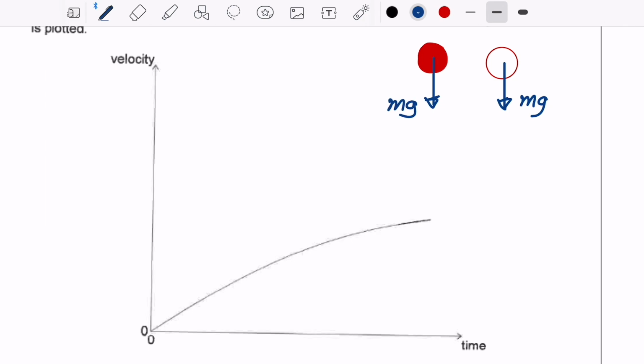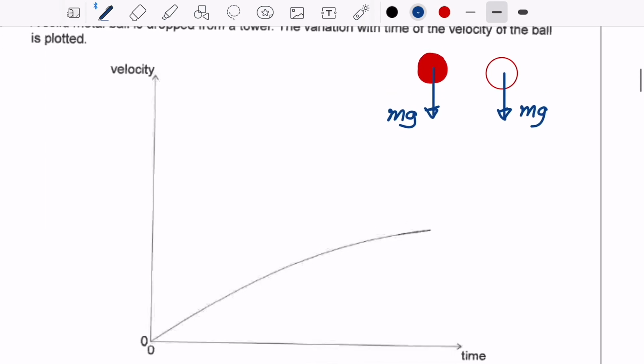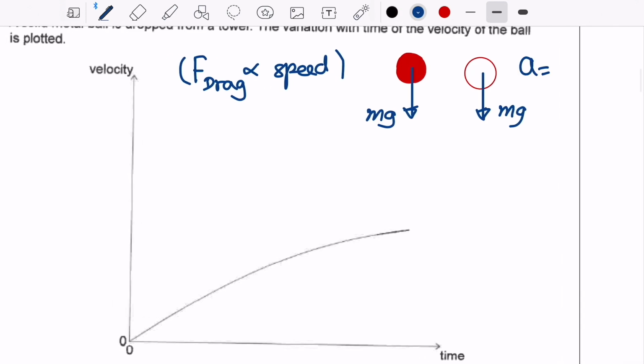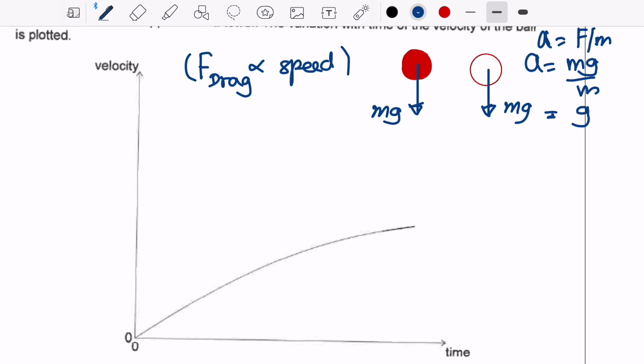Why? Because the drag force depends on the speed. F_d, drag force, depends on the speed. If there's no speed, there's no drag force. So acceleration at this point is mg over m. Acceleration is force divided by mass, right? So at the beginning it has to be g.